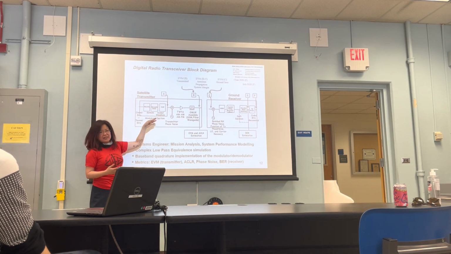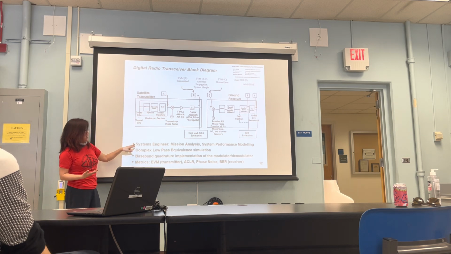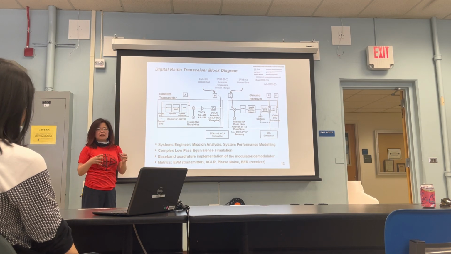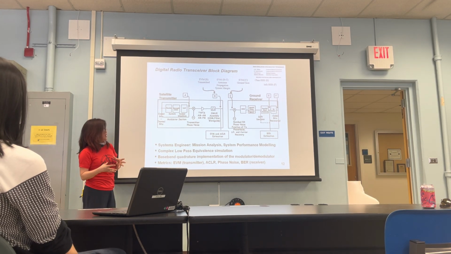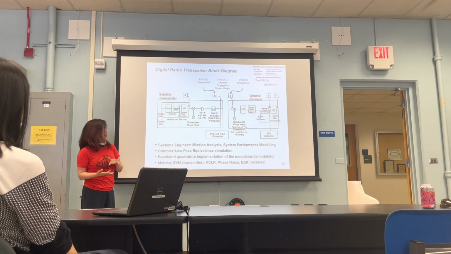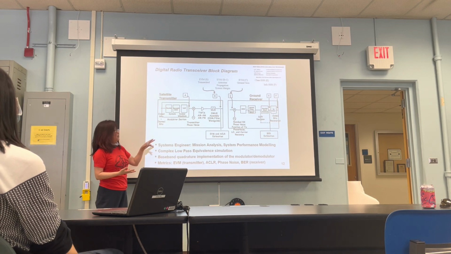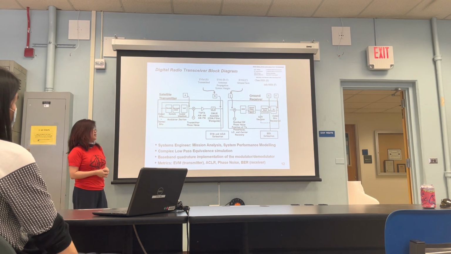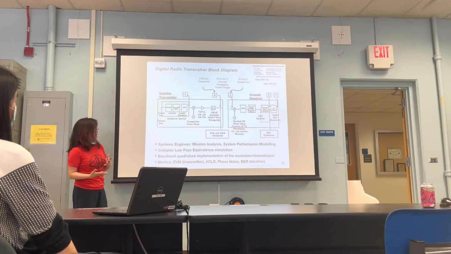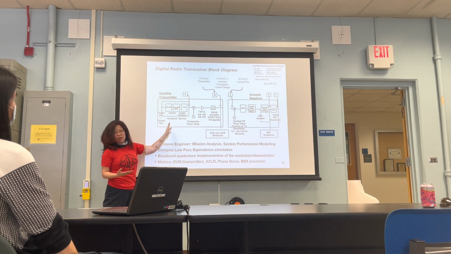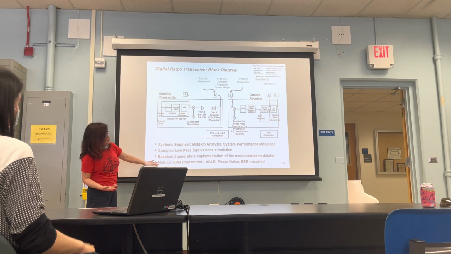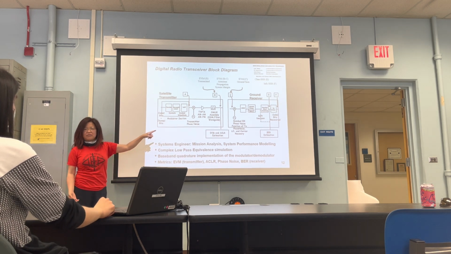Each one of these components has a distortion that you would model as the systems engineer after you perform the mission analysis. Then is the phase noise from the up conversion, and then the TWTA, which is an amplifier that will also produce distortion and compression, and then finally the output filter for spectral containment. That will also have ripple and group delay distortions that you would model. So everything here I showed you on the satellite is on this left box. I'm going to skip all this for now, and then on the right-hand side is the receiver, okay?